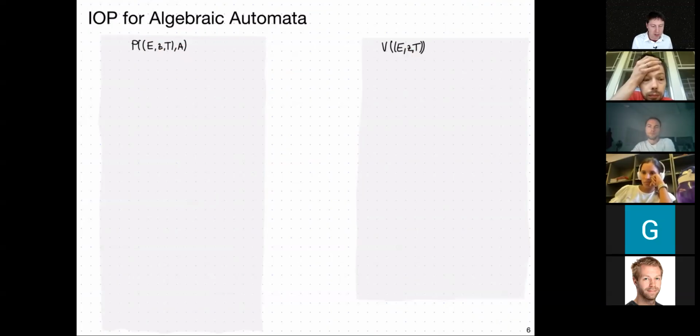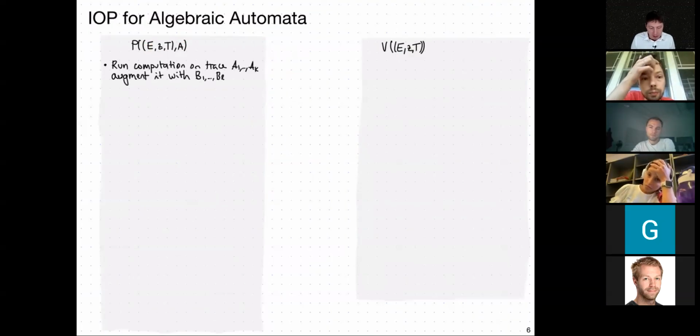Additionally, the prover is also given the augmented execution trace, A, that certifies that this one is inside the language. The first thing the prover does is run on the computation trace to augment it with auxiliary variables, by seeing what happens inside the circuit at every time step.